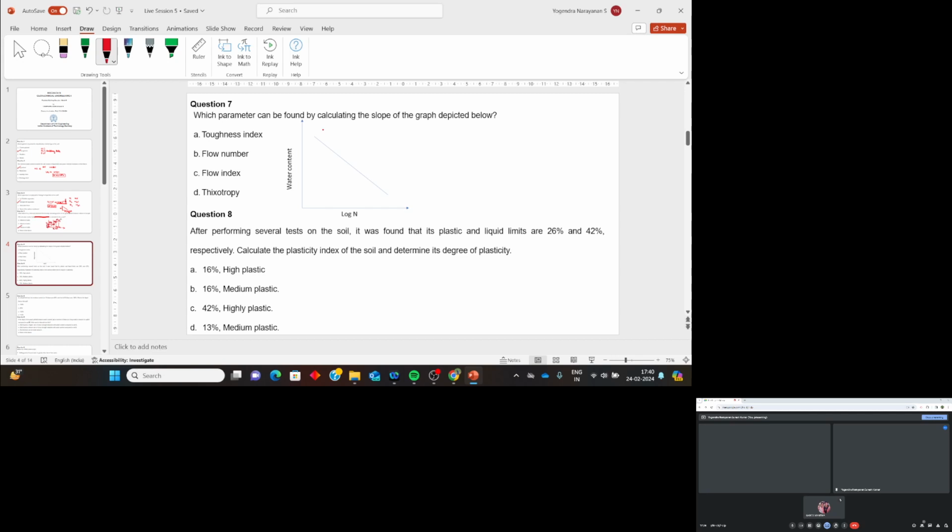Option B, flow number. Option C, flow index. Option D, thixotropy. I think flow index. Yes, it is flow index.